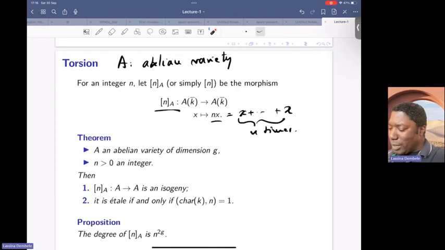And the second part of the statement is a bit technical, in that this map would be étale if the integer n is prime to the characteristic of the base field.